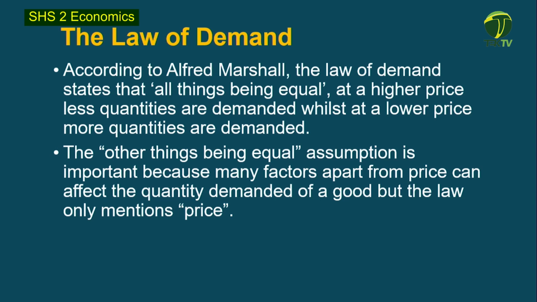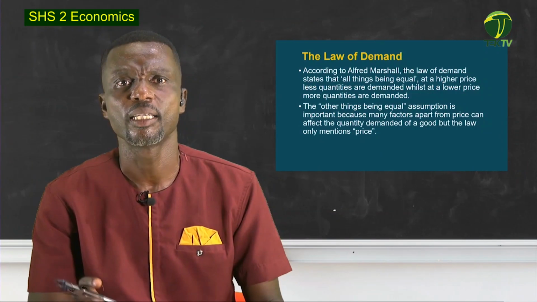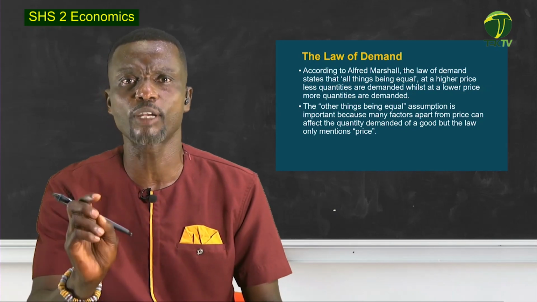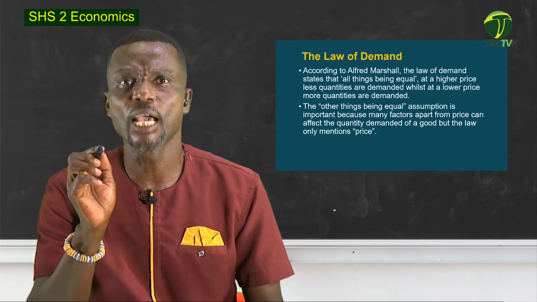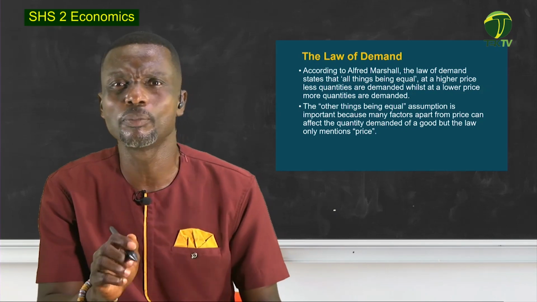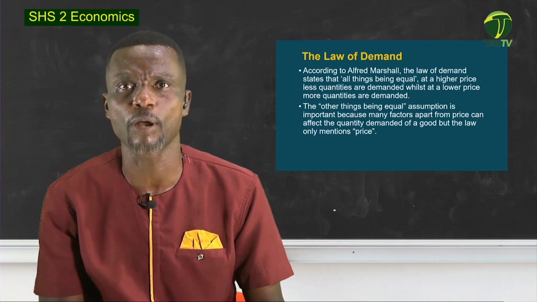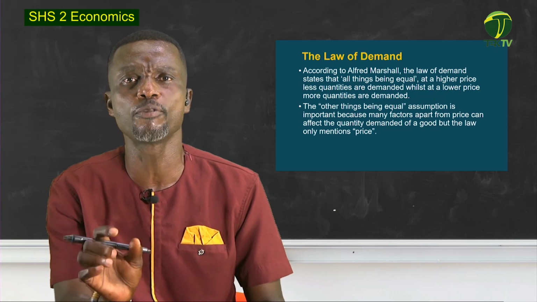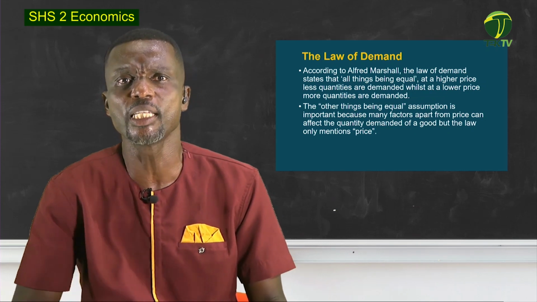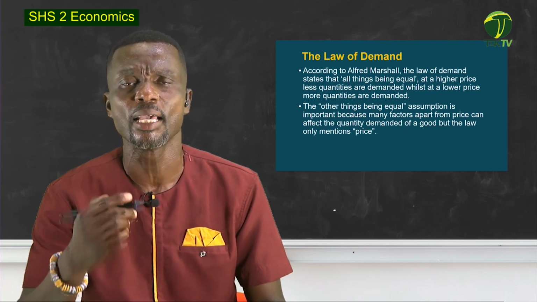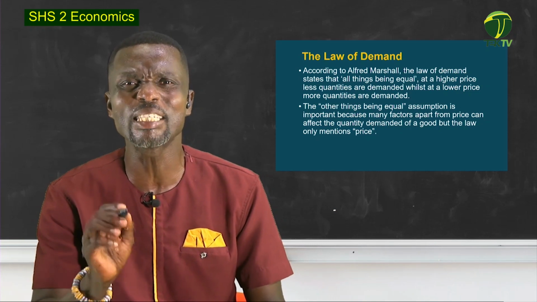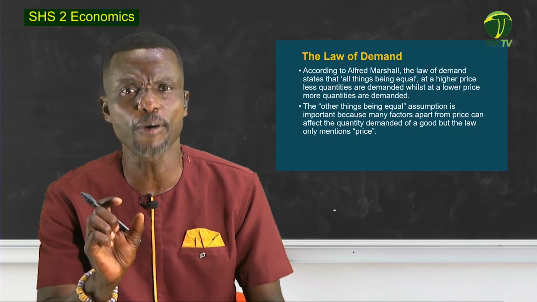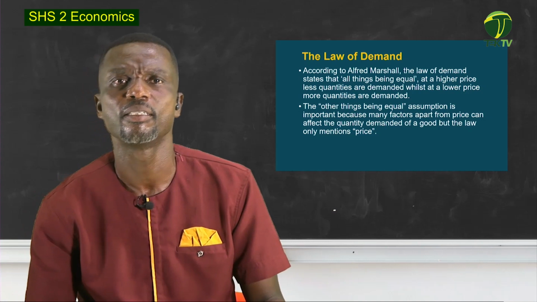So what it means here is that there's an assumption we have made, that which is so important. We are trying to assume that the only thing that affects quantity demanded is price. And that is why the assumption was made. If you don't make this assumption, what it means is that other factors come in, and let's note that price is not the only factor that affects demand.